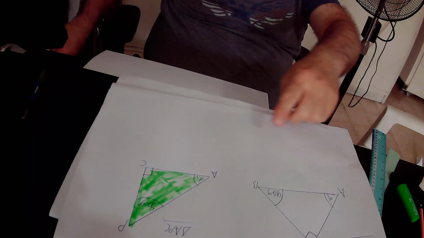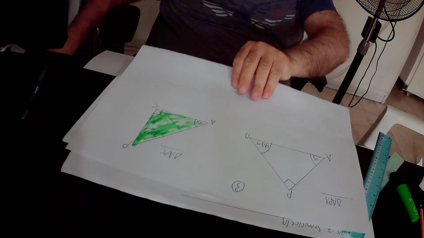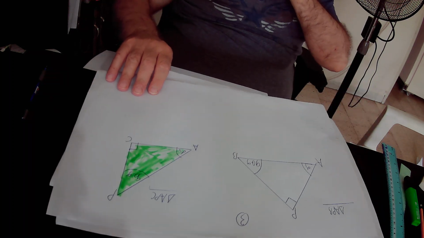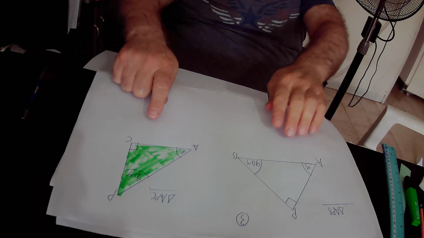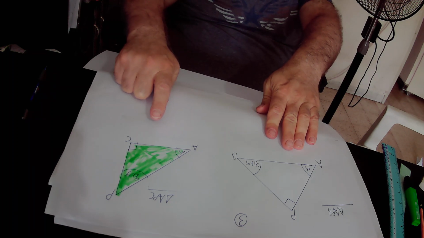So here, those are the two right angles that I copied from the original drawing. In the next step, we prove that those two right angles are similar to each other according to angle similarity rule.